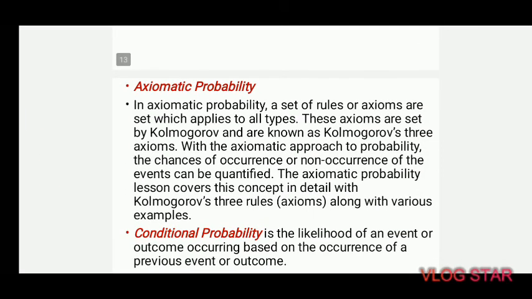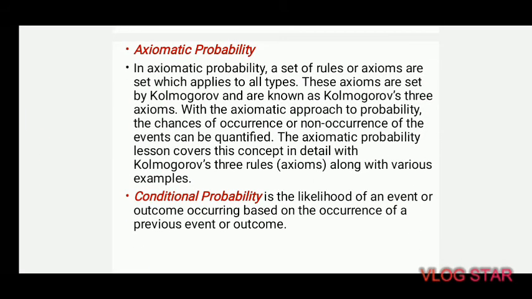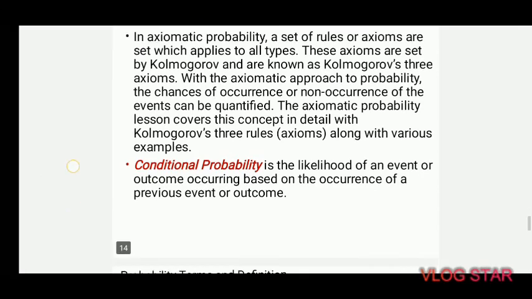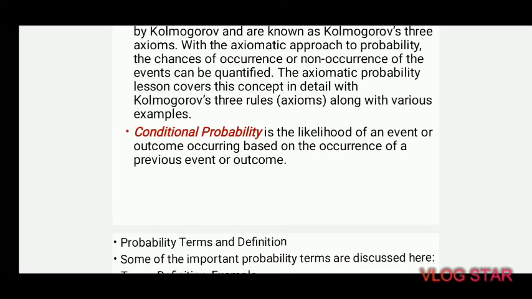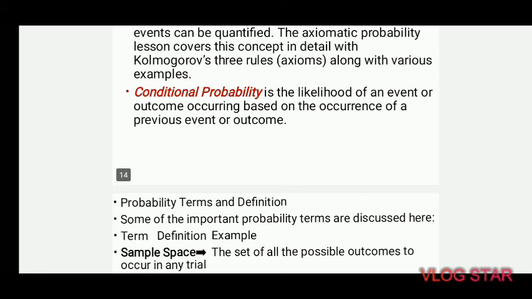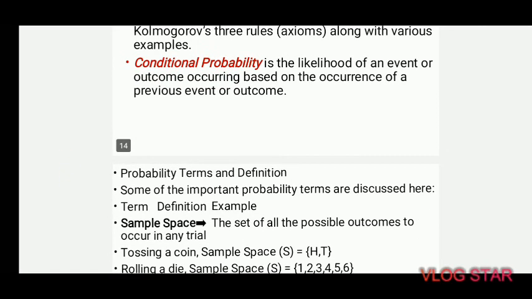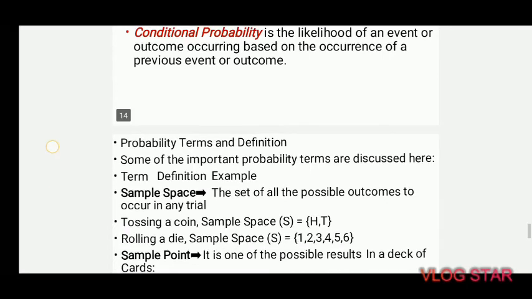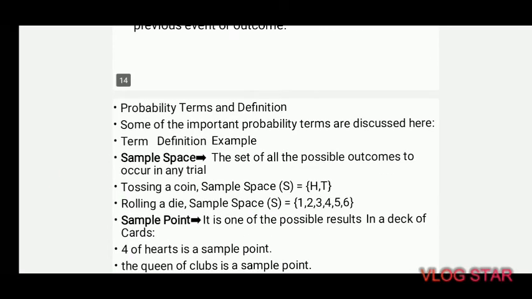Then axiomatic probability. In axiomatic probability, a set of rules or axioms is set which applies to all types. Next is conditional probability. It's the likelihood of an event or outcome occurring based on the occurrence of a previous event or outcome.